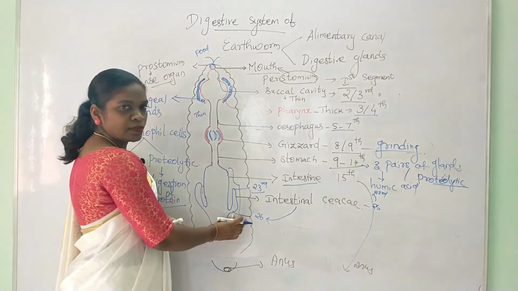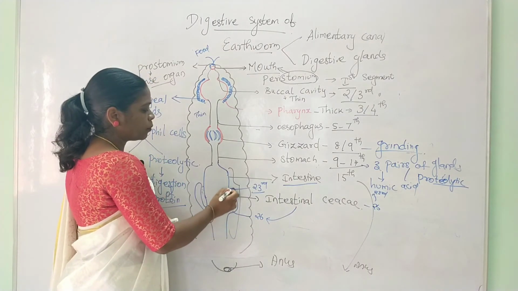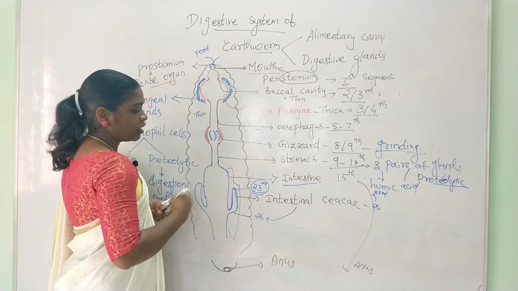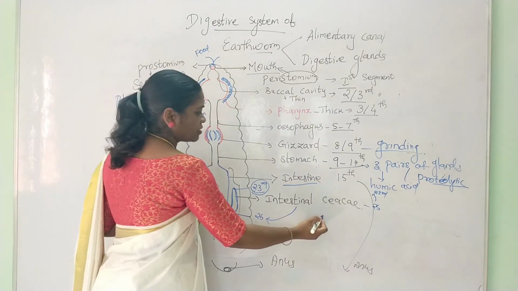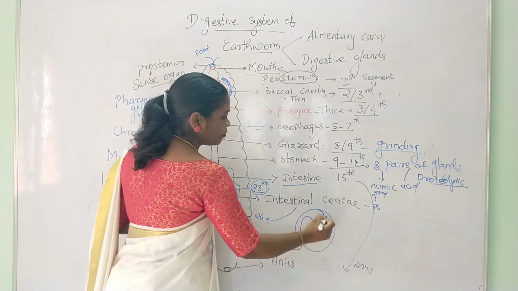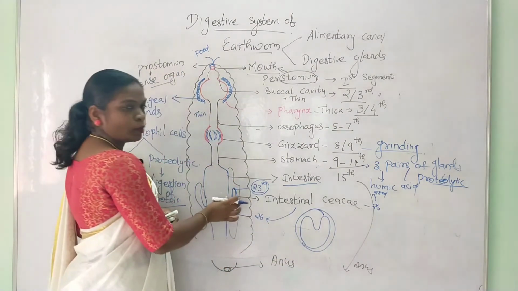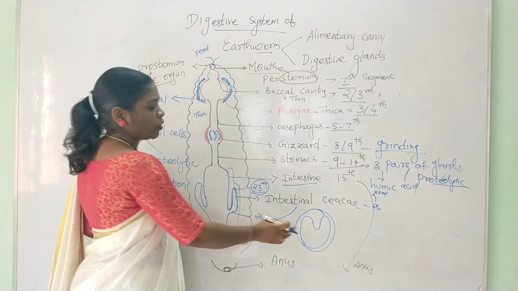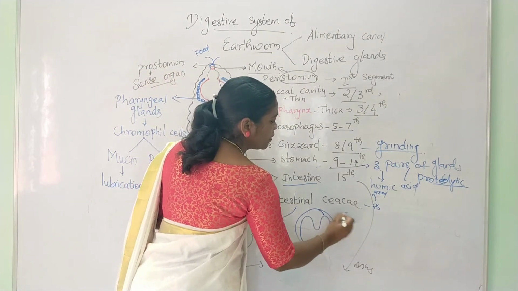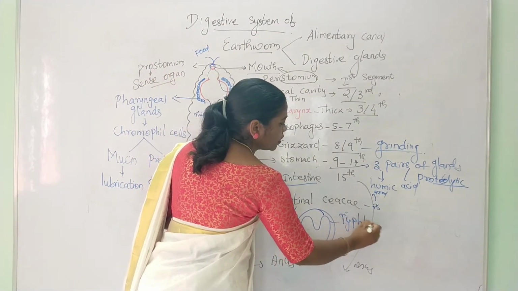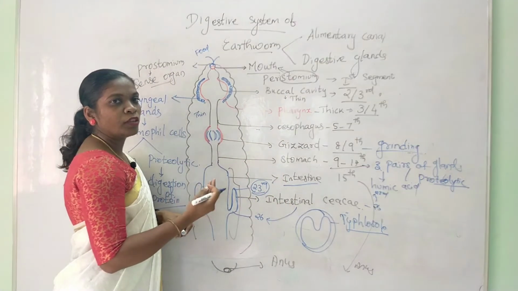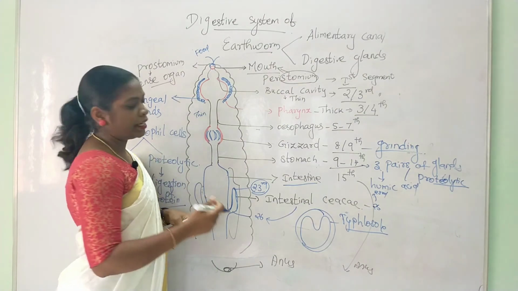The intestinal caeca starts from the 26th segment and goes upward till the 23rd segment of the organism. On the dorsal wall of the intestine you can find a structure known as the typhlosole. The typhlosole increases the absorptive area, that is, it helps in absorbing the nutrients from the digested food.